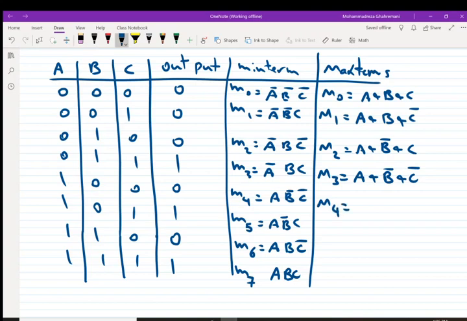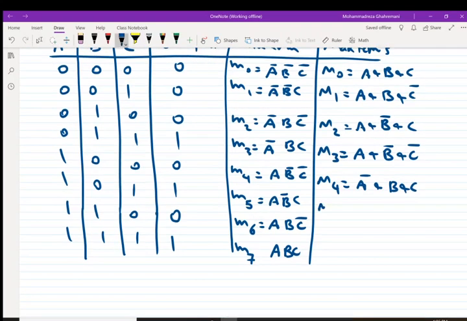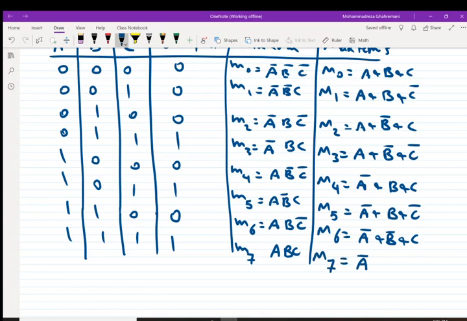M4 is A bar plus B plus C. M5 is A bar plus B plus C bar. M6 is A bar plus B bar plus C. And finally, M7 is A bar plus B bar plus C bar.